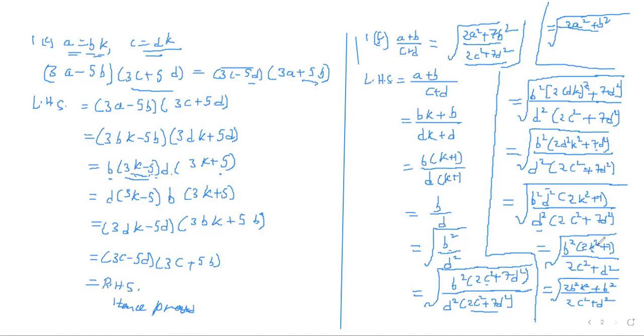This is 7. So when we observe the right hand side, we can make the correction also, which is equal to RHS, hence proved. So the same method we have used as we have used in previous two questions also.